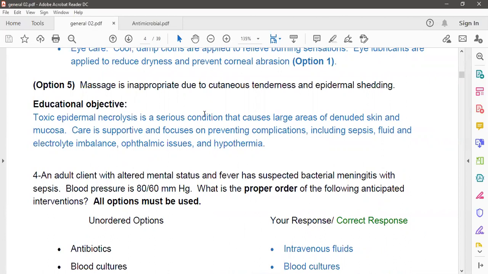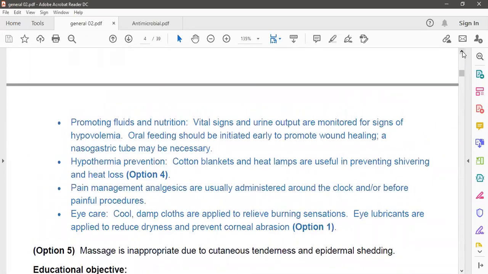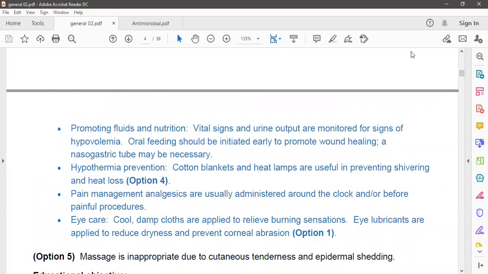It is a serious condition that causes large areas of erosion of the skin, or denuded skin, and also of the mucous membrane. Care is supportive, focused on preventing complications, including management of sepsis, giving enough fluid, and monitoring electrolyte imbalance. Ophthalmic care is important, and also prevent hypothermia. So this is very basic and important information about the care of the patient that every nurse should know.